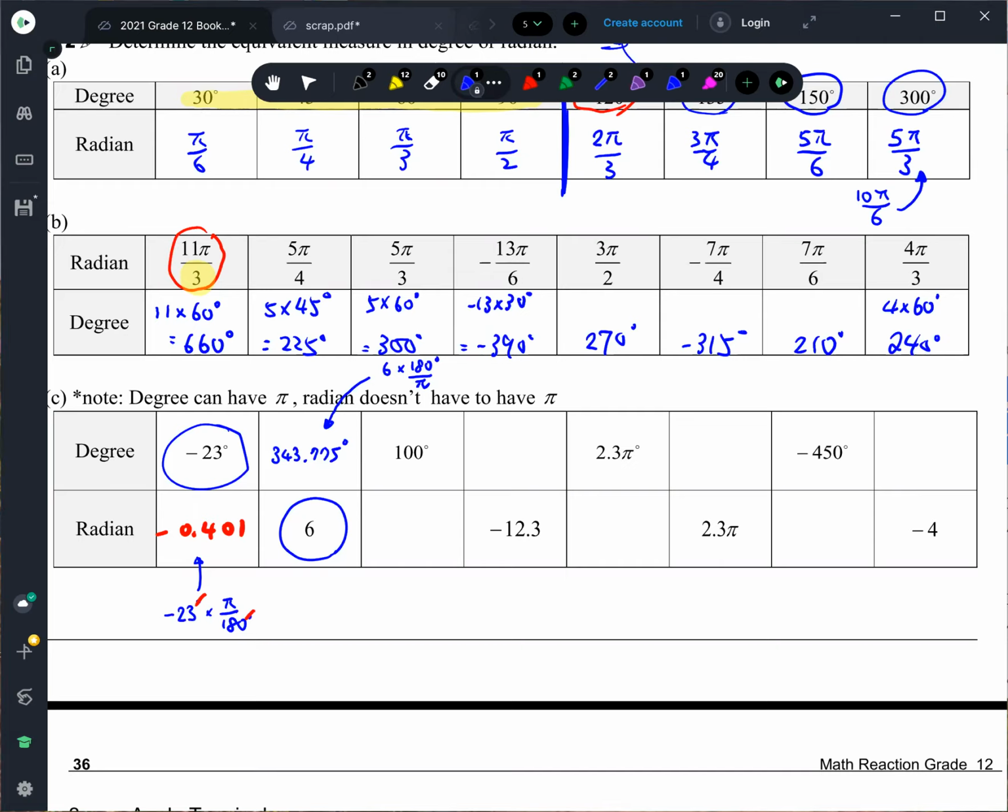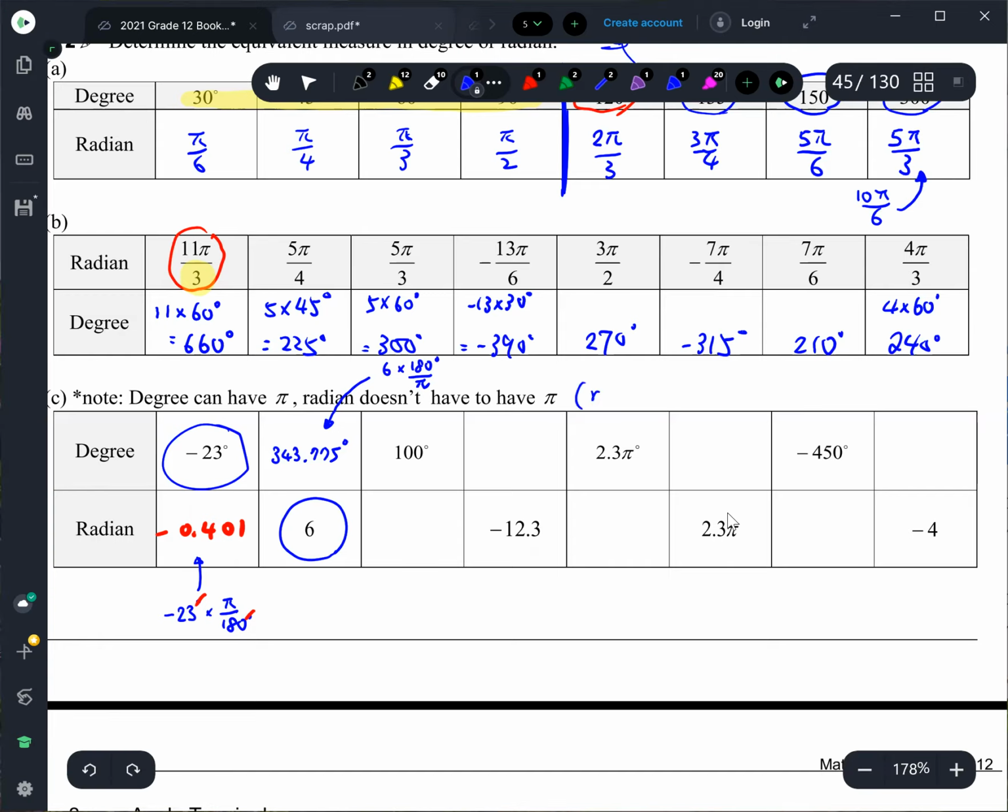And please leave all your answers in decimals, okay? Because all of these are not common, okay? So 3 decimal places for your answer. Round to 3 decimals.